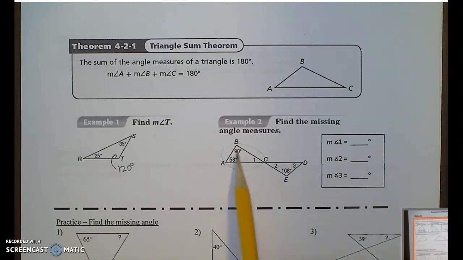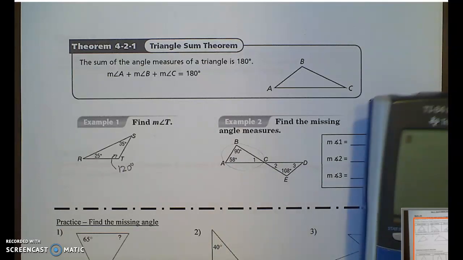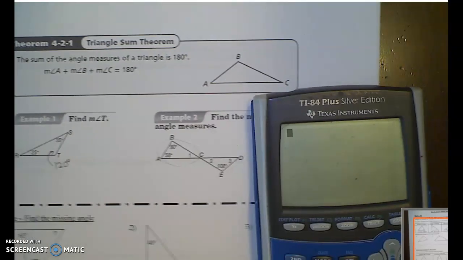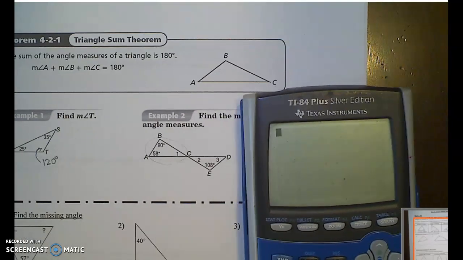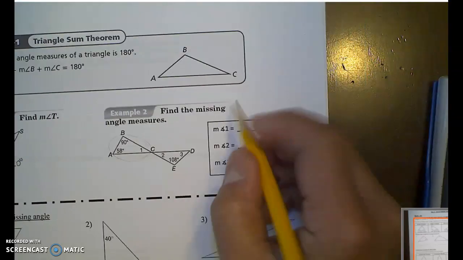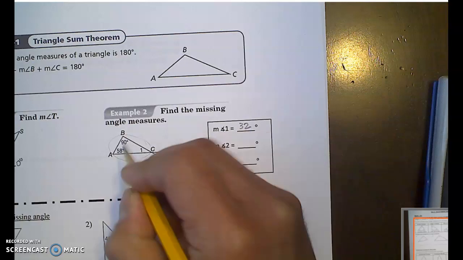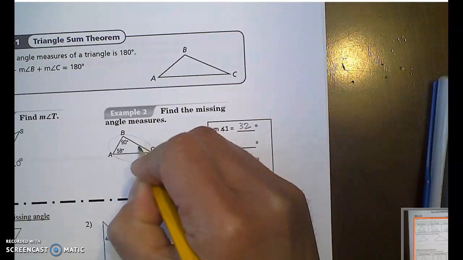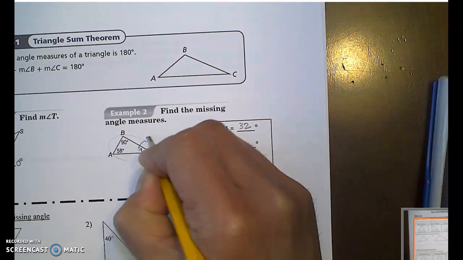Just like what we did with the first example, we are going to take 180, subtract 90, subtract 58, to get 32 degrees. So angle 1 is 32 degrees.